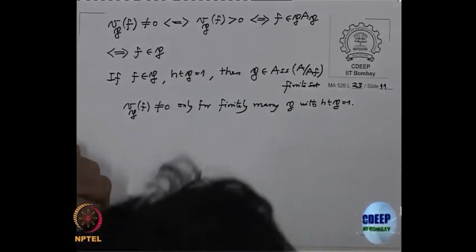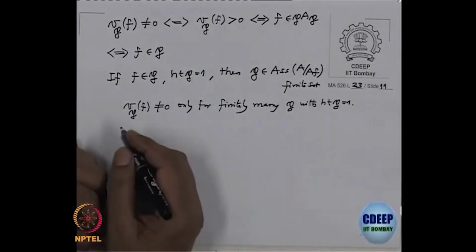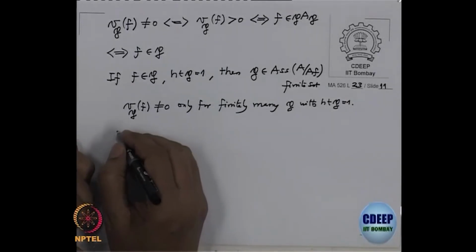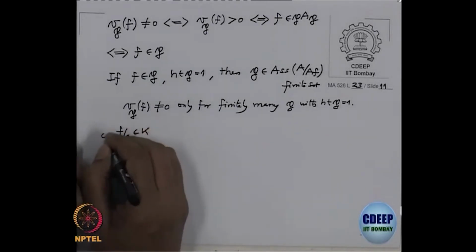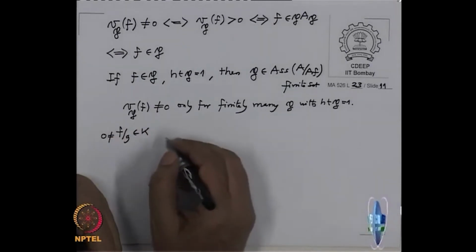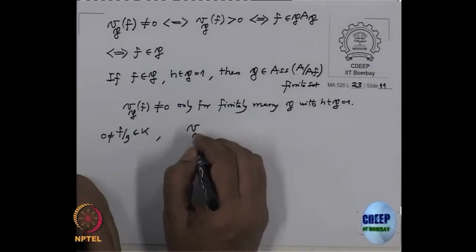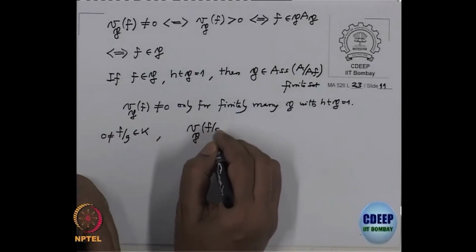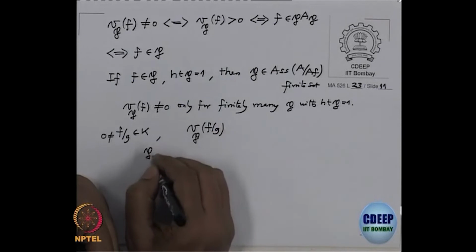Now, we are done only in A, but now take an arbitrary element in the field K. So, that will look like f by g in K and non-zero. But then what is Vp of f over g? Take any P with height 1.